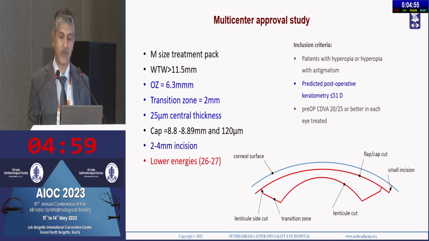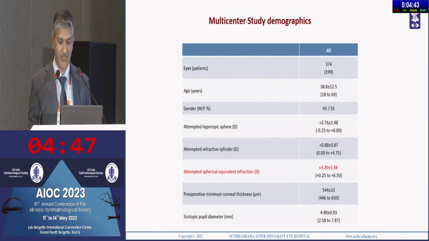Inclusion criteria were patients with hyperopia or hyperopia with astigmatism, and the predicted post-op K should be less than 51 diopters. Pre-op corrected vision 20/25 or better in each eye treated. And we treated a total of 374 eyes, 199 patients, average age of 38.8 years, and almost equal distribution of gender.